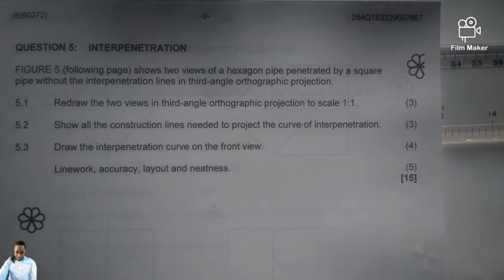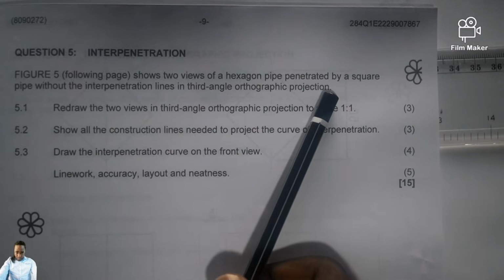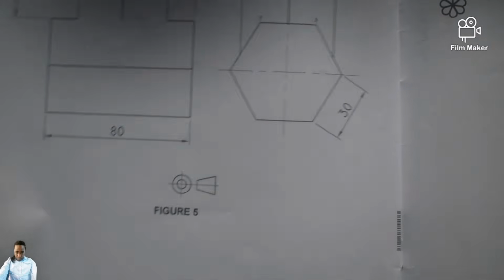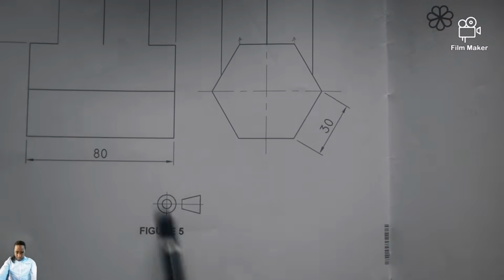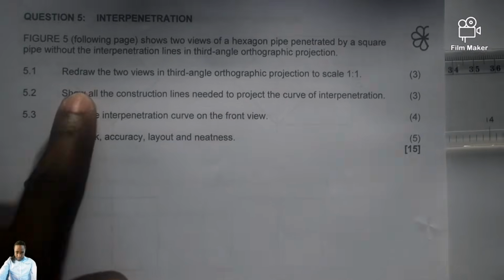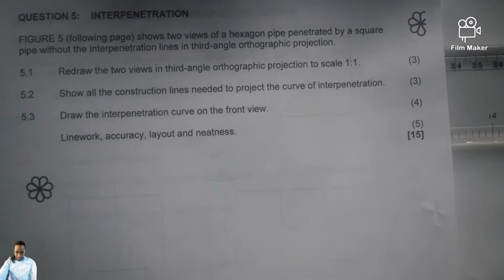So it is very much important, guys, to read the question and understand, because sometimes the statement will be given in third angle orthographic projection, and when you come to the drawing you find that even their symbol is still third angle orthographic projection. But when you read the question now, it will say draw them in first angle orthographic projection.